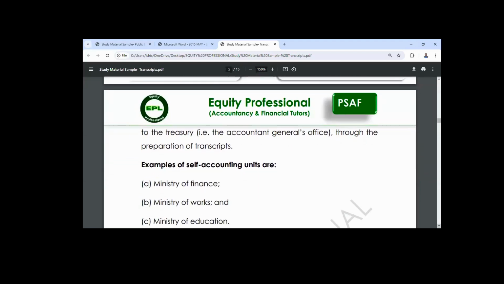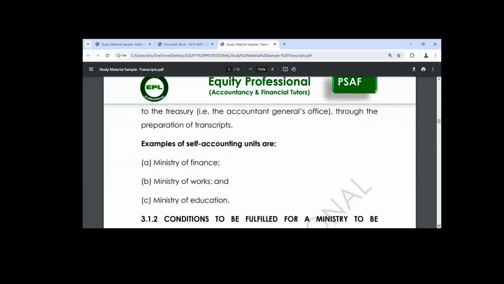Examples of self-accounting units: Ministry of Finance, Ministry of Works, Ministry of Education. All those ministries that we have in Nigeria are self-accounting units. In each ministry, they will have a permanent secretary. They will have a director of finance, in the Ministry of Health, the Ministry of Works, the Ministry of Transport.